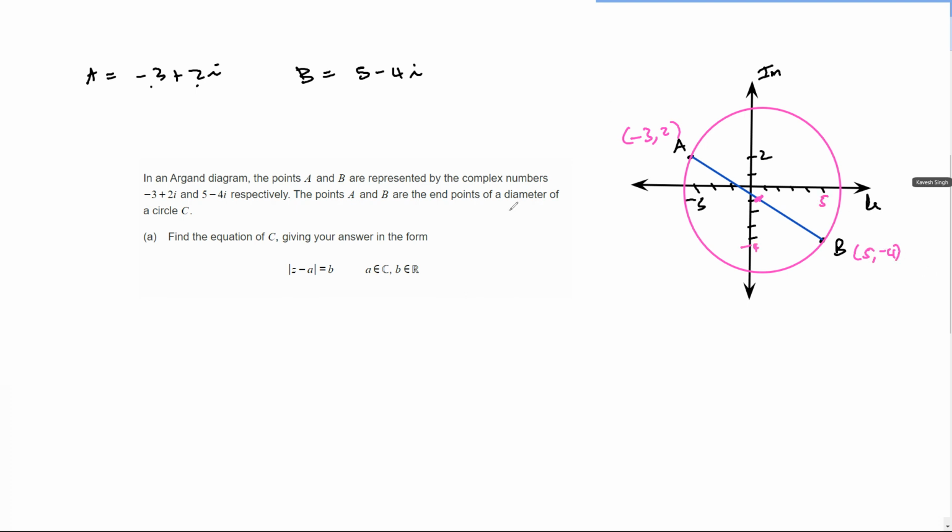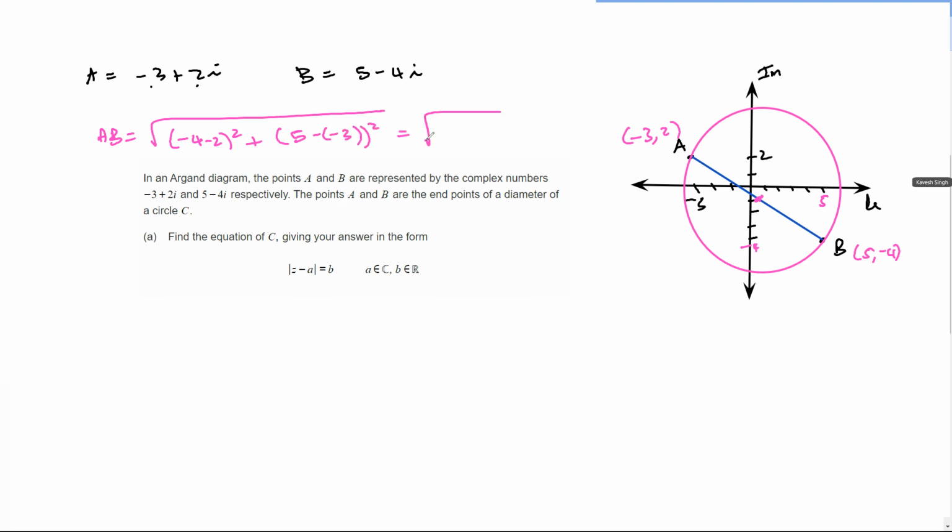So with that, I can use a distance formula. If I find the length of AB, it's going to be equal to the square root of (-4 minus 2) squared plus (5 minus -3) squared.